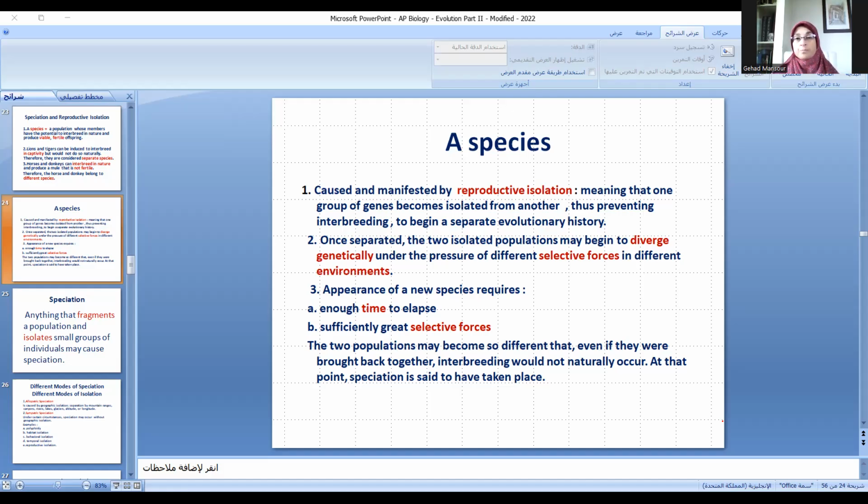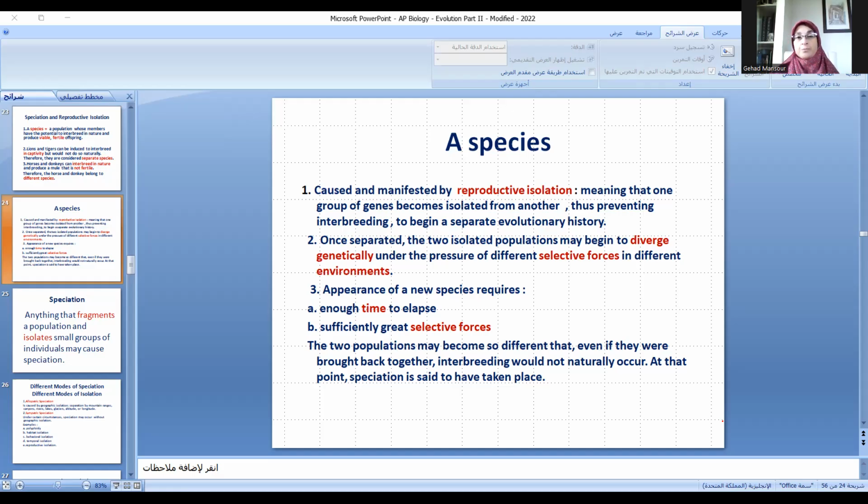In pre-zygotic barriers, for example, it might be due to a difference in the structure of the genitalia that prevents insemination, that prevents locating the sperms in the proper position, maybe because, for example, one animal is too big and the other animal is too small.